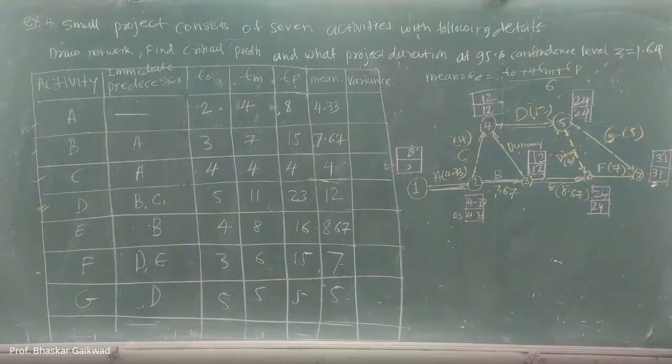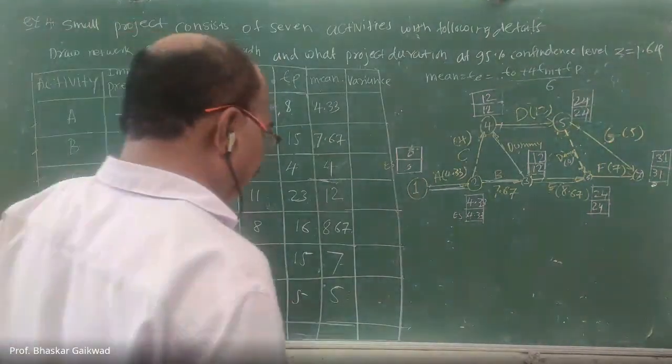How do you calculate the critical path under such situations? Anybody having any idea?